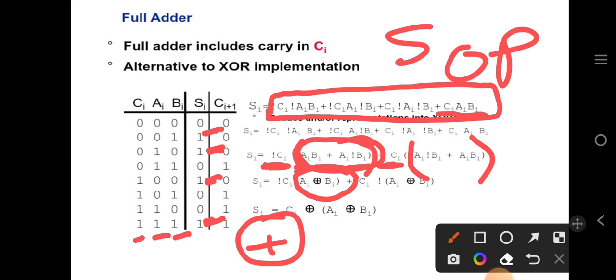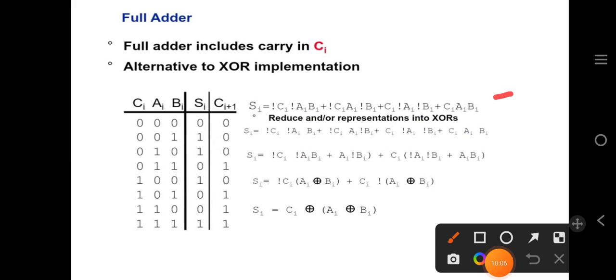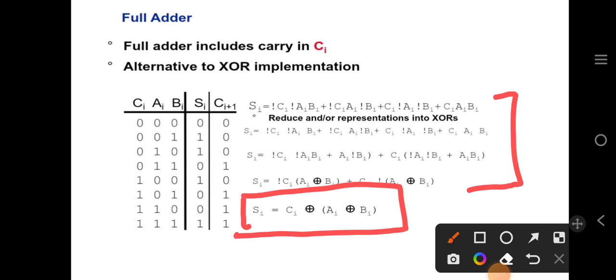In the similar way, this bracket we have replaced by the XOR of Ai Bi. So by the simplification method we have solved all this equation and finally we got this equation for Si. So this is the final output of the sum of the full adder.